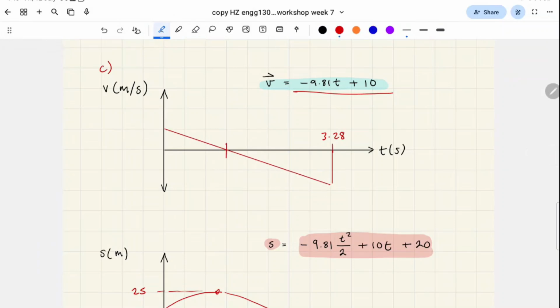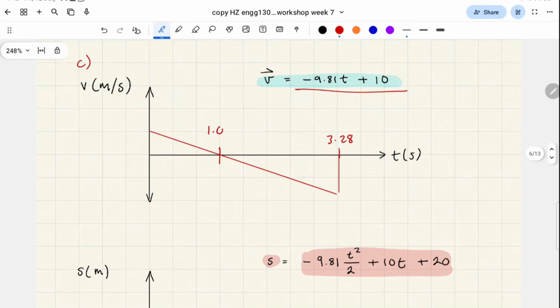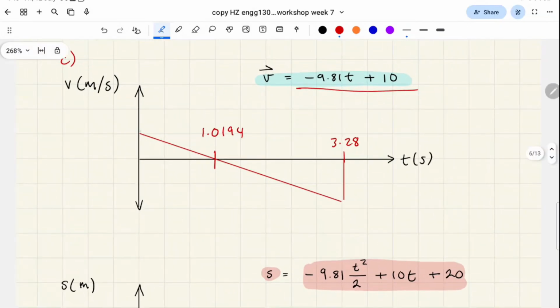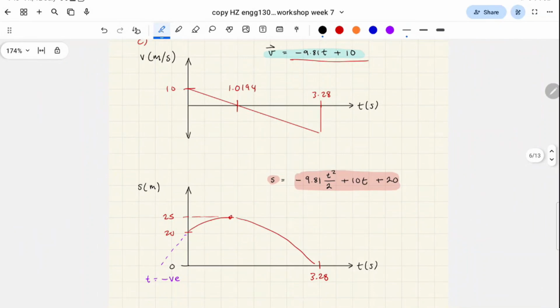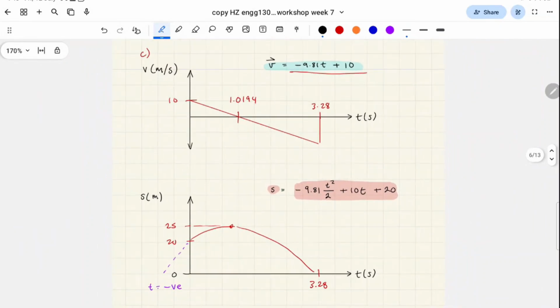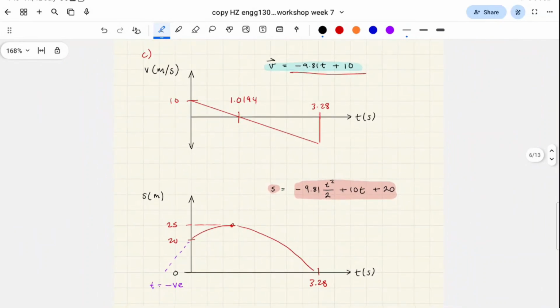And at the peak of the throw, right, it had a speed of 0. And that time that we found was 1.0194. And it started at 10, which was our initial condition that we were given, right? So this is basically all we need to know about the motion of this ball as it's thrown, right? Okay, does anyone have any questions?